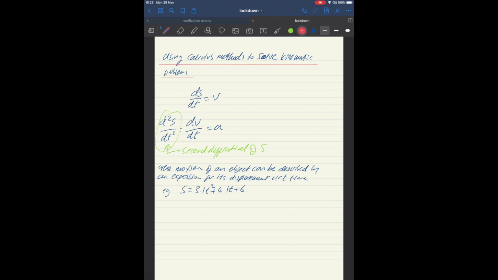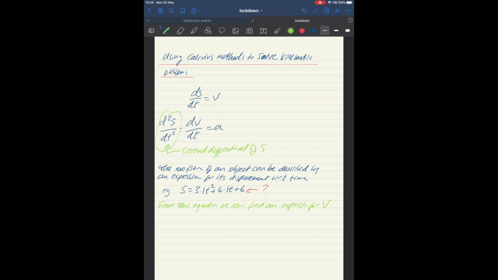So what can we work out from this? What can we do with this? Right, so first of all, from this equation, we can find an expression for v.